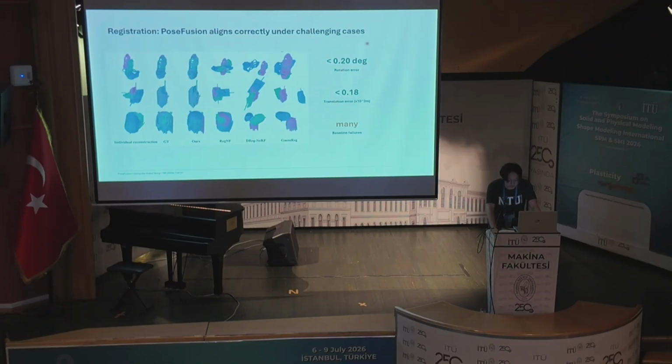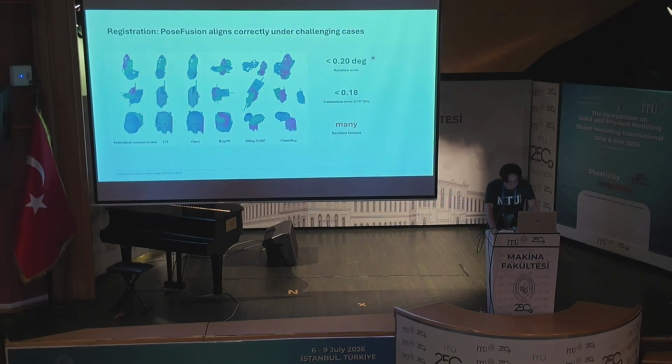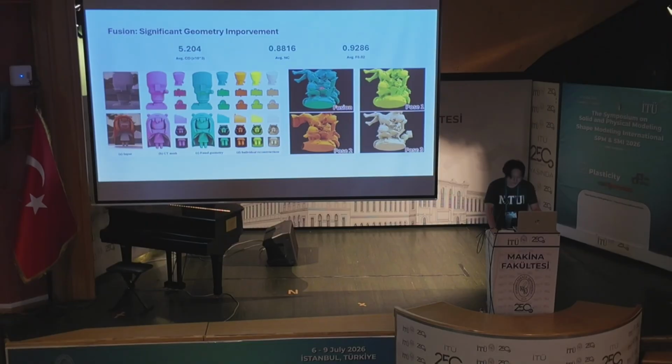The summary metrics on the right show that the rotation and translation errors remain very low after the registration. And this supports our main design choice. Robust coarse initialization and a fine correspondence-based refinement are both needed for this setting.